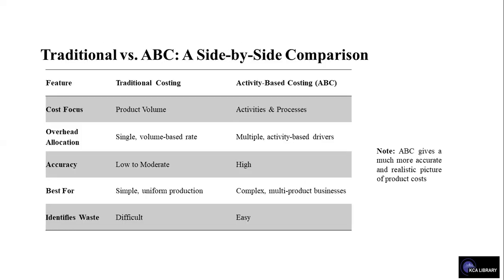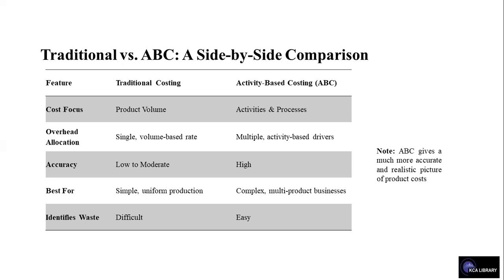Now, let's bring the traditional costing together with the activity-based costing. Let's look at the cost focus. The traditional costing focuses on product volume, while activity-based costing focuses on activities and processes.